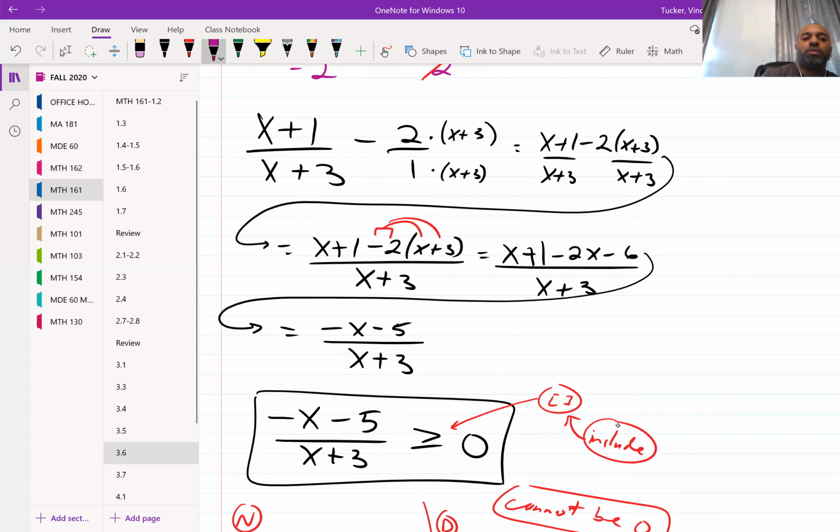The or equal to reminds us that we're going to have to use brackets.